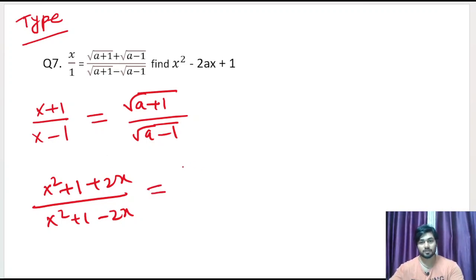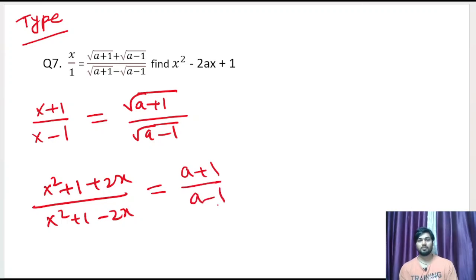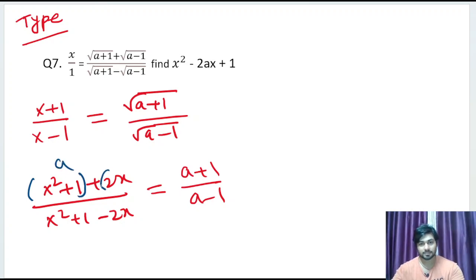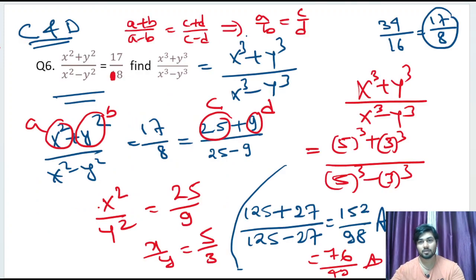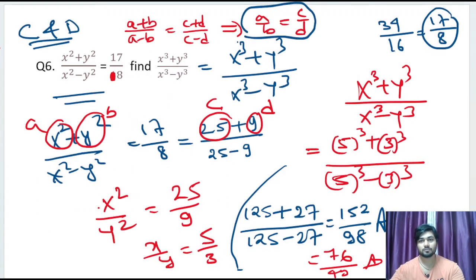Now, what we'll have here is a plus 1 upon a minus 1, right? Now see, I'll have to apply componendo dividendo again here. If I take this as my a and this as my b, this as my c and this as my d, from the last formula that I gave you, I'll have a by b is equal to c by d.